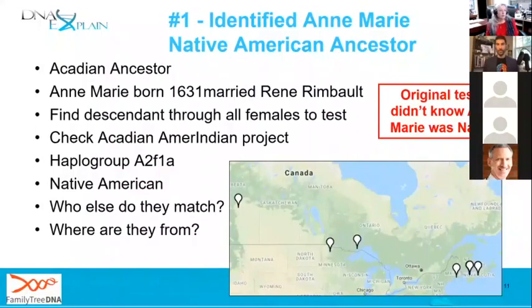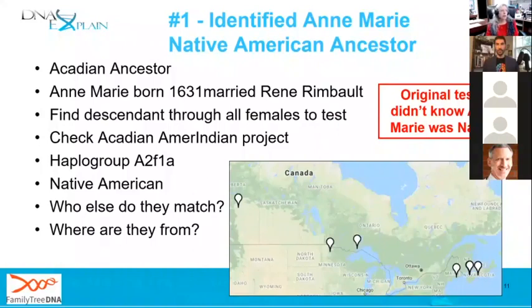So let's talk a little bit about how people make haplogroup discoveries that are relevant for genealogy. The first one was when Anne Marie was identified as a Native American ancestor. So the original tester is an Acadian descendant. The Acadians were settled in Nova Scotia in the 1600s and intermarried with the native people there, the tribal people.